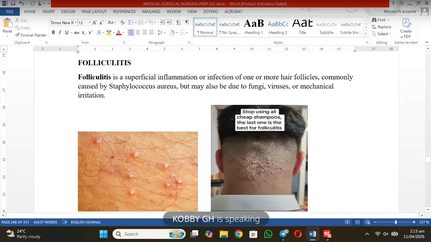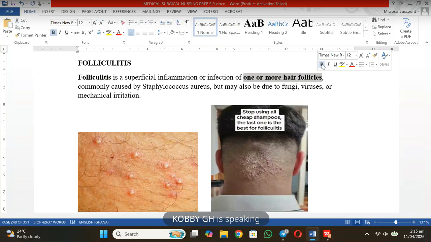Now we are going to look at folliculitis. As we are moving on, try to understand the differences so that you will not miss them. We've done the pharyngeal, the carbuncle, and cellulitis. Now look at folliculitis: an infection of one or more hair follicles.